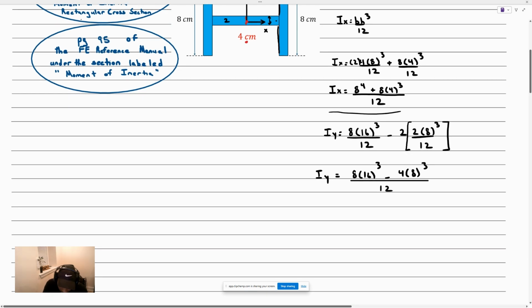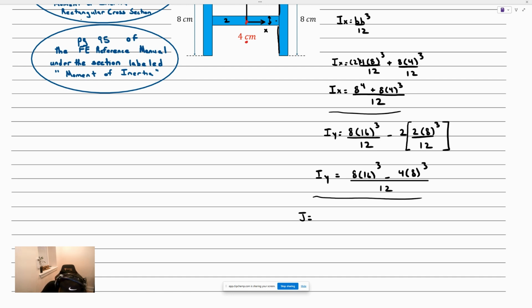Now that we have that, we're finally ready to compute J. J is just the sum of Ix and Iy, so that's going to be 1/12, because they both have a 12th denominator, 8 to the 4th plus 8 times 4 cubed plus 8 times 16 cubed minus 4 times 8 cubed.